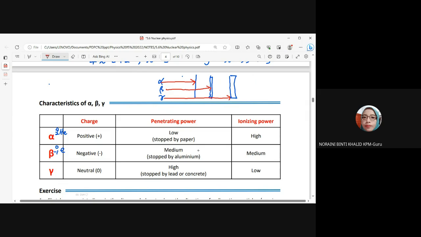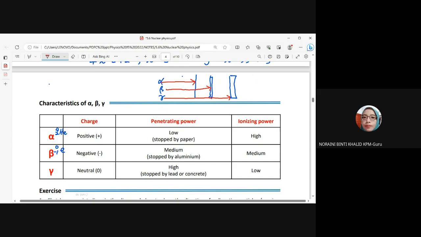Okay, ionizing power. What is this ionizing power? When travelling in air, it is the ability to produce positive ions and negative ions. For alpha, alpha is a very large nucleus, 4 2He. We look at the nucleon number as compared to beta. If an object is large, travelling in air, the possibility to hit an air molecule is higher, because of its larger mass. So when it collides with an air molecule, it may kick out electrons and produce positive ions and negative ions.